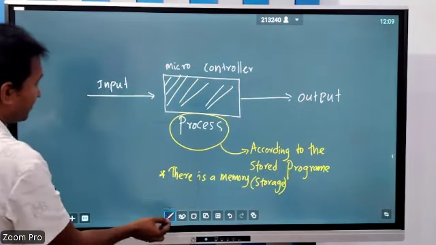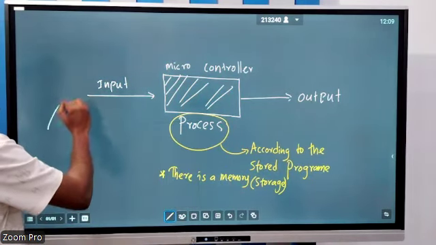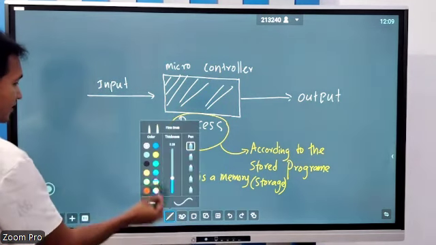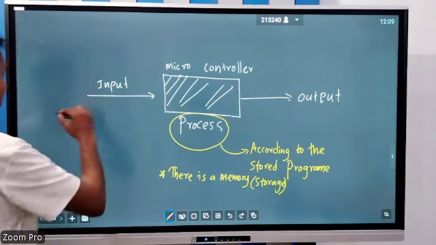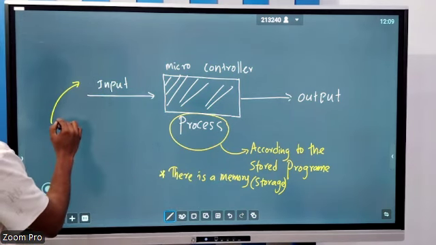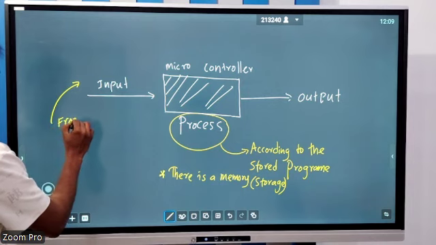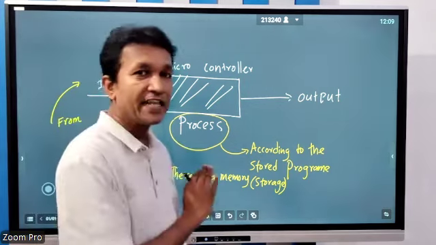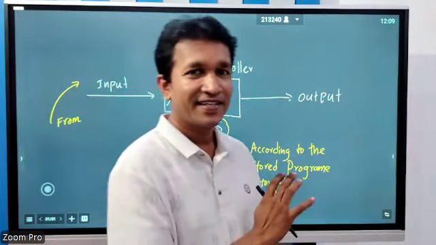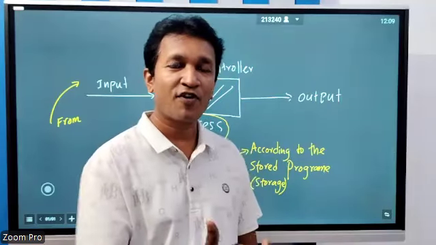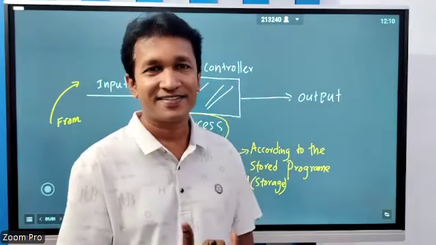Can you tell me? All the inputs, exactly, it gets the interaction with the environment from what?